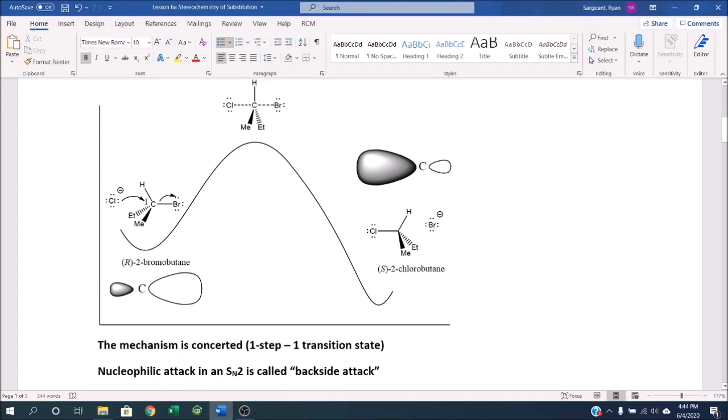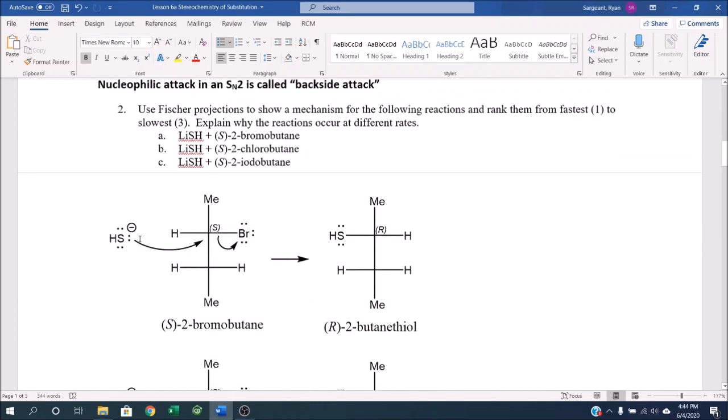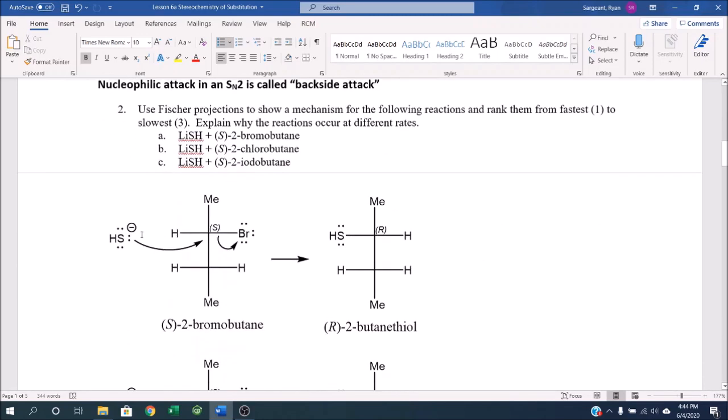Because it has a negative charge, it's still considered to be a pretty good nucleophile, but compared to bromide and this thiolate, the chloride actually has the same -1 charge. So chloride, bromide, and the thiolate all have a -1 charge, but this sulfur here is less electronegative than the chlorine, which means that it's easier for the sulfur to throw its electron density into that carbon. So that's what makes something a good nucleophile.